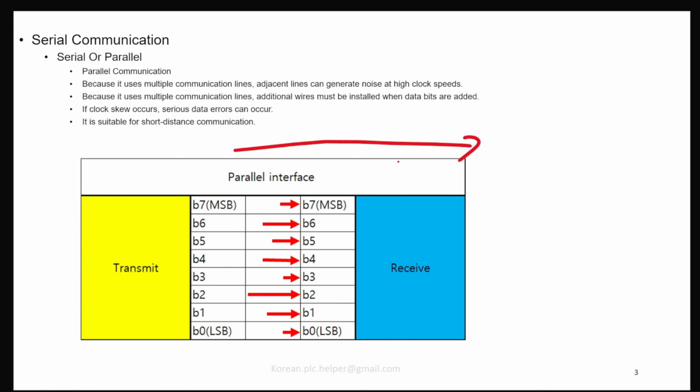Some data bits may arrive earlier, while others may arrive later. This one is later, this one is earlier. If this timing difference becomes too large, the receiver may interpret the data incorrectly. Therefore, parallel communication is generally suitable for short-distance communications. It is mainly used for applications such as short data buses inside electronic devices.